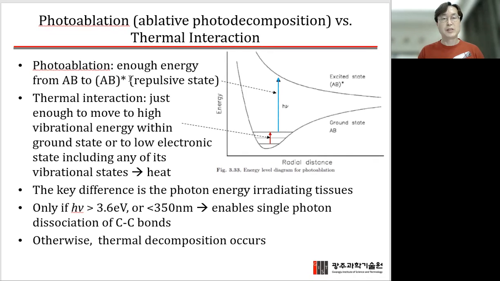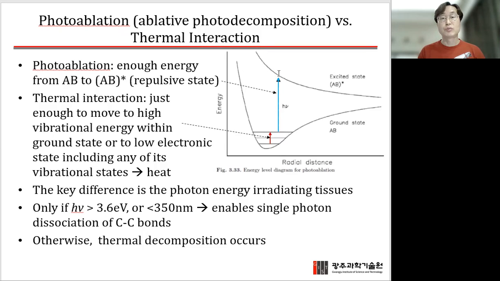Photoablation has to have enough energy to go from the ground state of the AB molecule to the excited state of the AB molecule, which is shown here as AB star. By turning this ground state AB into the excited state AB star, as you can see, the energy is going to be much higher.